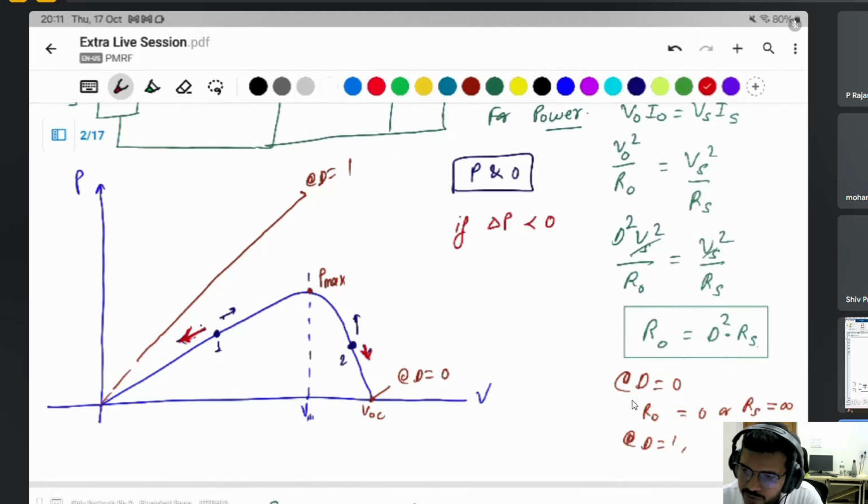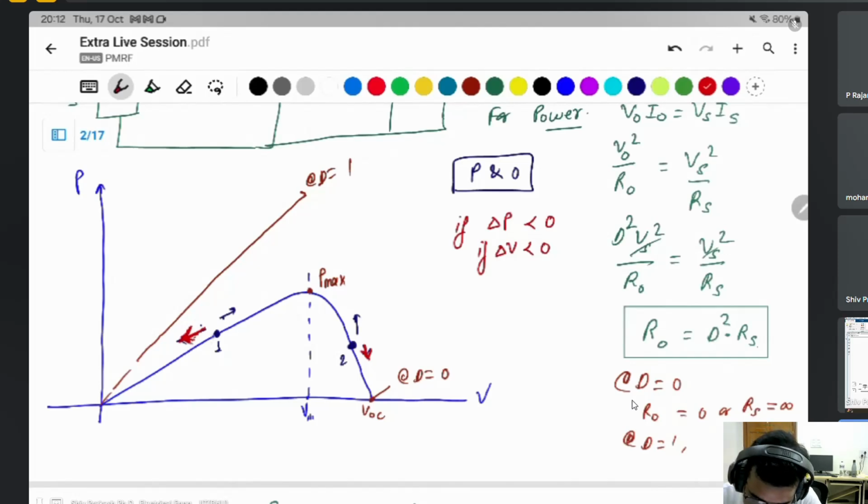Then we have to write another condition also: delta V is less than 0. If the change in voltage is also negative, then in what condition are we? Only this condition. It identifies this.